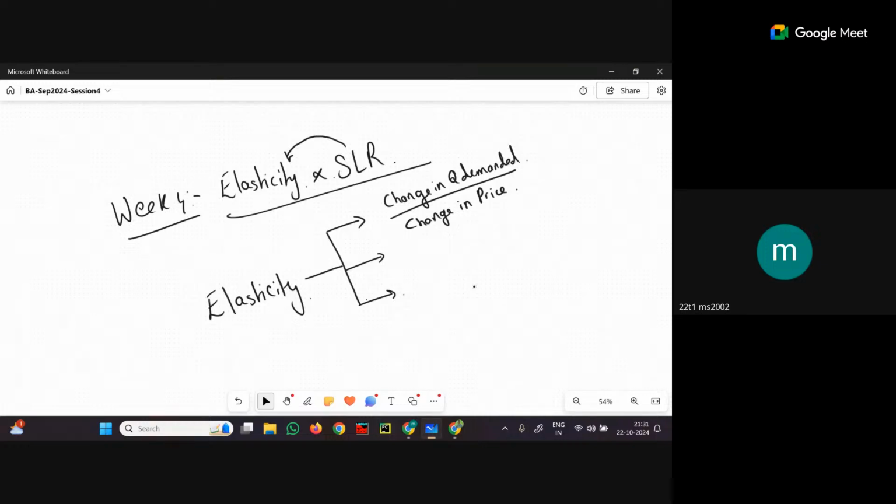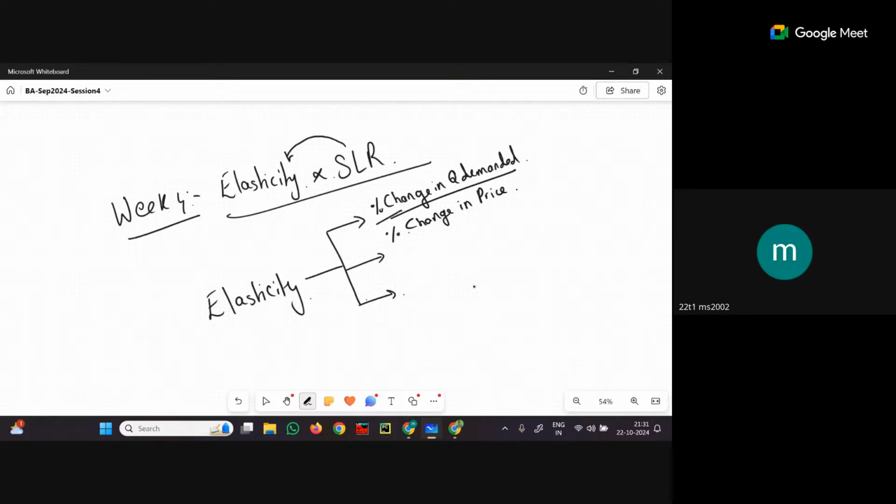I'm kind of confused because I'm a physics and economics student. Very good. You are an economics student at the end of the day. So is this correct? Something is wrong here. It is basically when one changes with respect to the other. Correct, but is this correct? It should be percentage change in demand by percentage change in price.